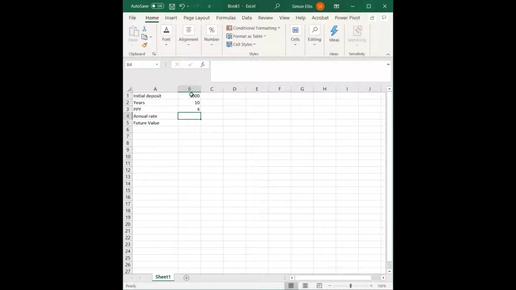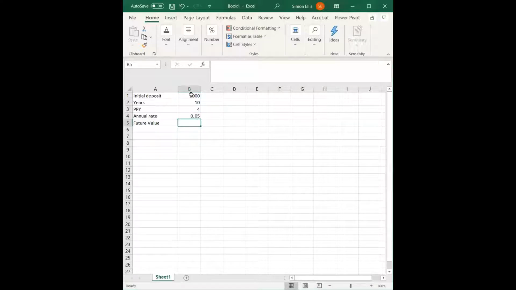That's an important thing to recognize when dealing with interest rates: when it says compounded annually, that's 1 period per year. Compounded quarterly, that's 4 periods per year. Monthly would be 12 periods per year, and so on. And then our annual rate is 5%, so we put 0.05 in here.